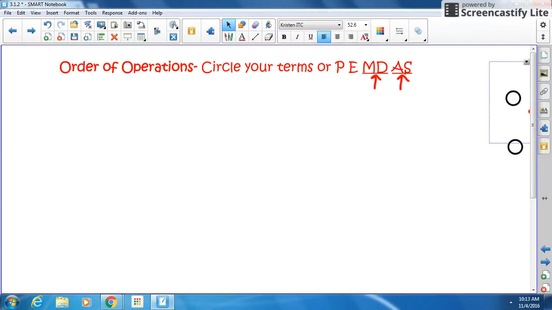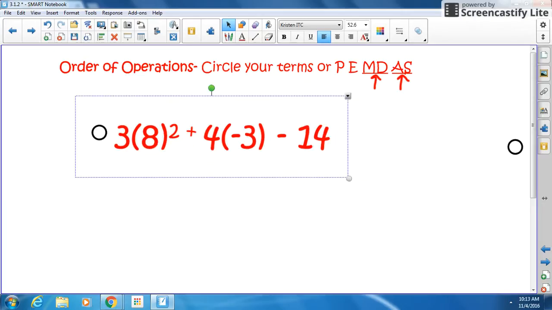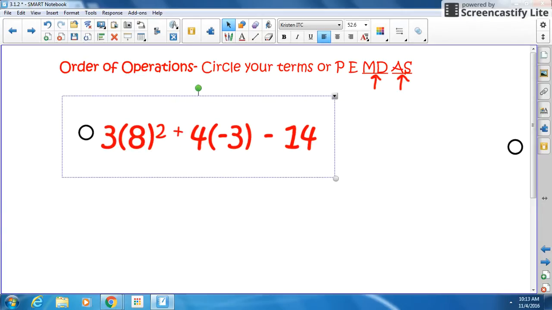So our first example is going to be 3 groups of 8 to the second power plus 4 groups of -3 minus 14. So I look for parentheses first. And although I see some parentheses in the problem, there's not a problem to do inside the parentheses. So the parentheses are really just being used as multiplication.